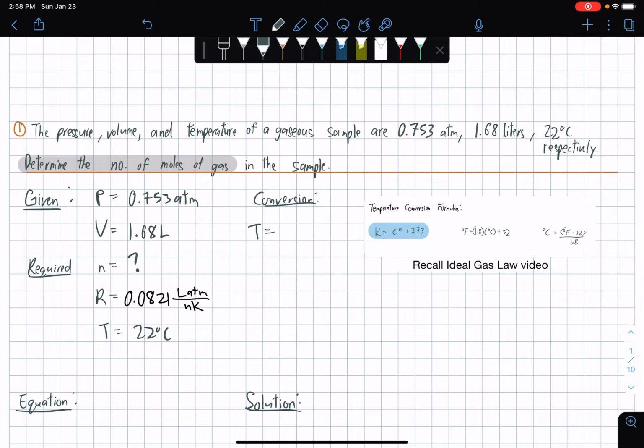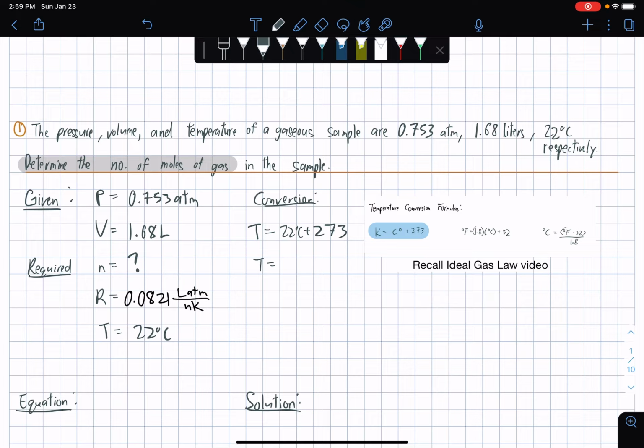Kelvin is equivalent to degrees Celsius plus 273, such that our degrees Celsius is 22 degrees Celsius. You're going to need a scientific calculator. I don't think it's prohibited when solving these kinds of problems, but still, it depends on your teacher whether he or she allows or prohibits the use of a scientific calculator.